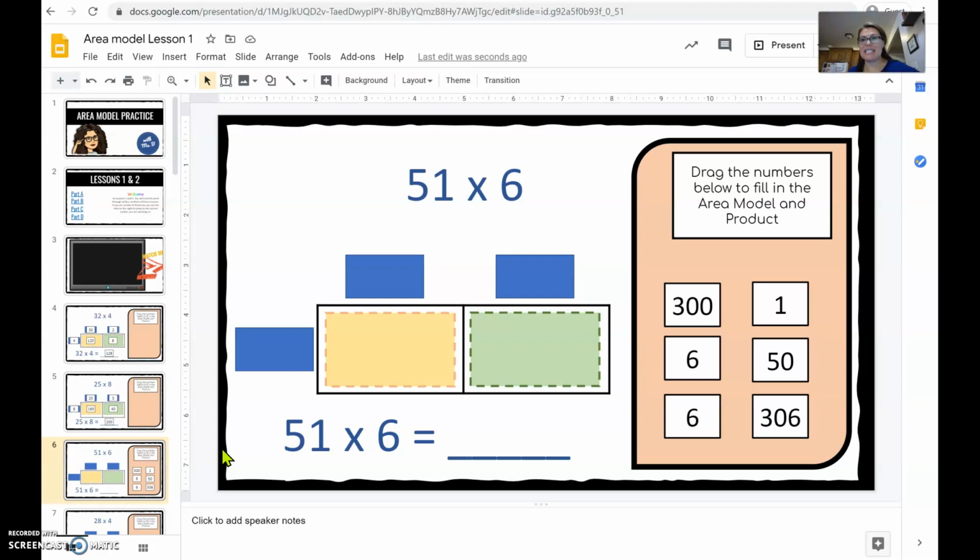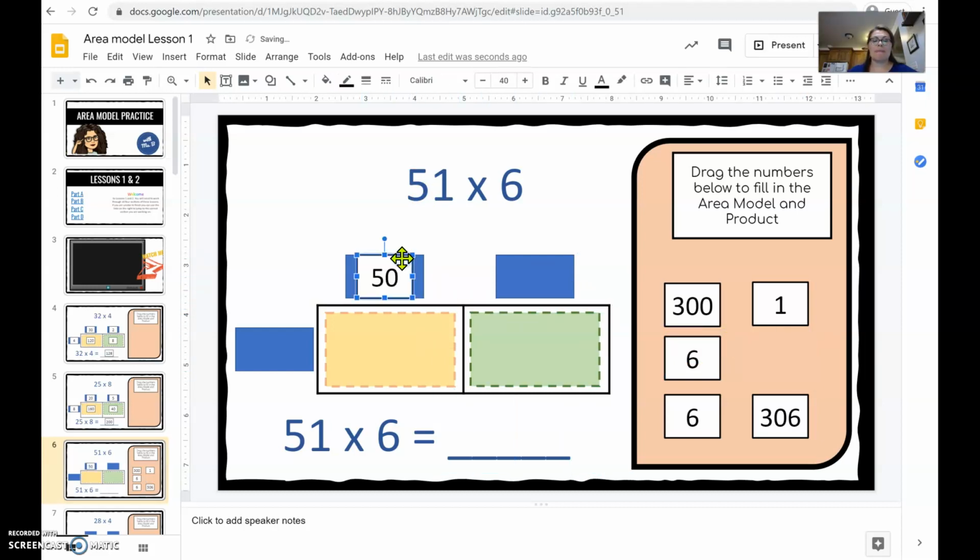I hope you're starting to see the pattern for part A. So we're looking at 51. The 5 is in the tens place, so the value of that 5 is 50. So I'm going to put that up here. Then the value of my 1 is simply just a 1.